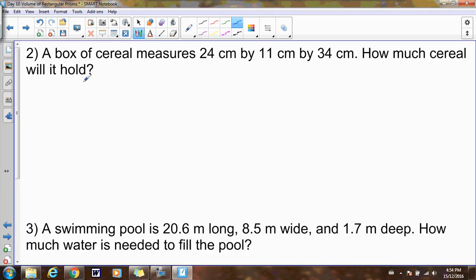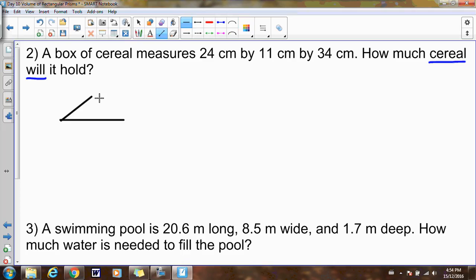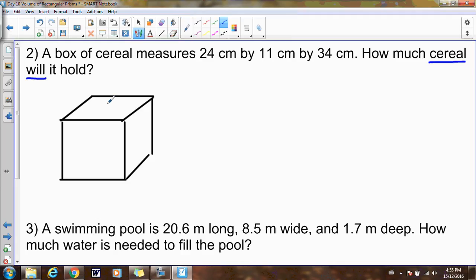Okay, the next one is a word problem. It says a box of cereal measures 24 centimeters by 11 centimeters by 34 centimeters. How much cereal will it hold? When they ask you how much cereal will it hold, it's asking us for the volume, because if you have a cereal box and you want to figure out how much cereal can go into the box, that's the volume.